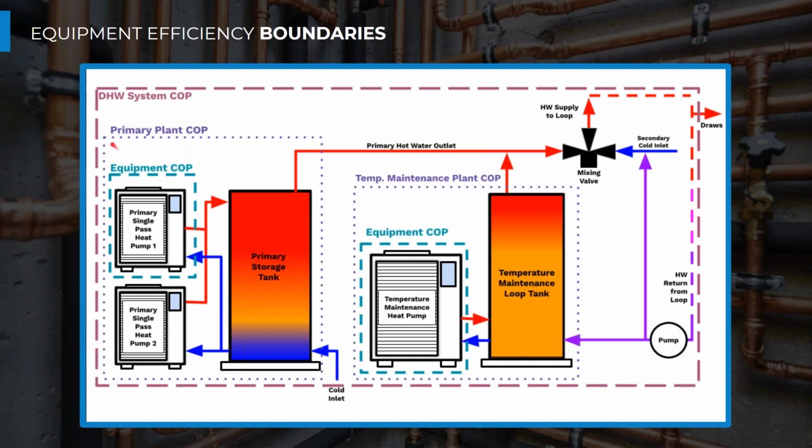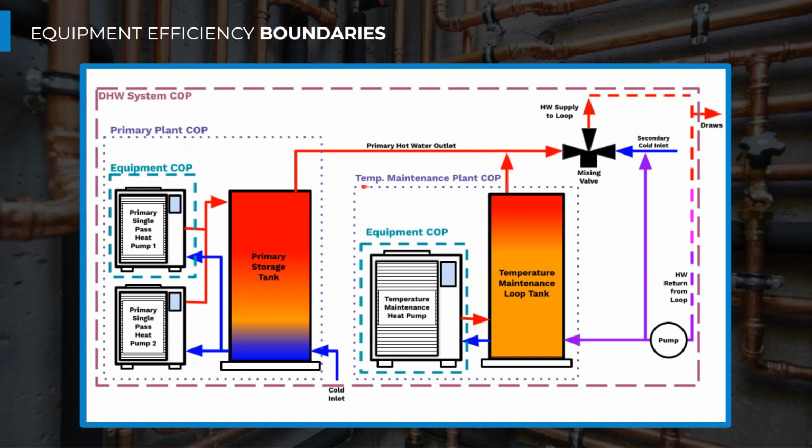We also have another efficiency boundary, and this is our primary plant COP. This is making cold water hot for the occupants to use. Nothing to do with the temperature maintenance or hot water circulation system. So we can maximize this efficiency by just providing cool water to those heat pumps and locating them in the warmest space we can find in the building, or in an area where we can extract the warmest air possible.